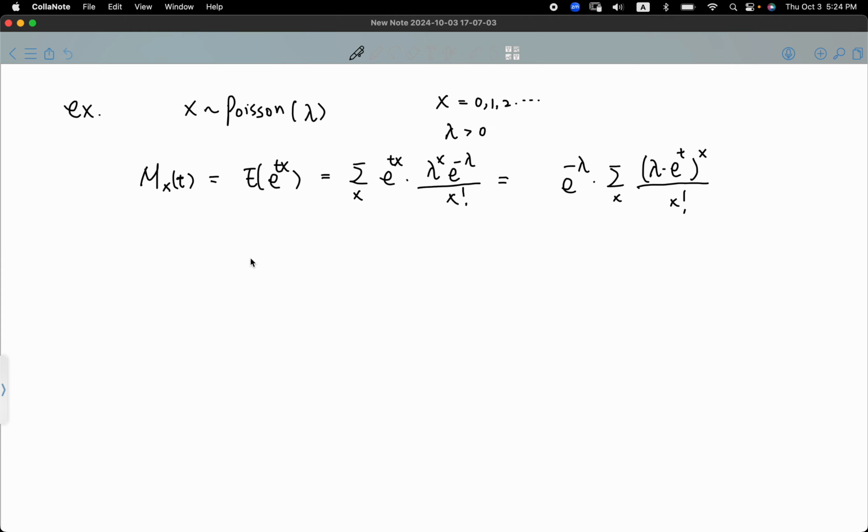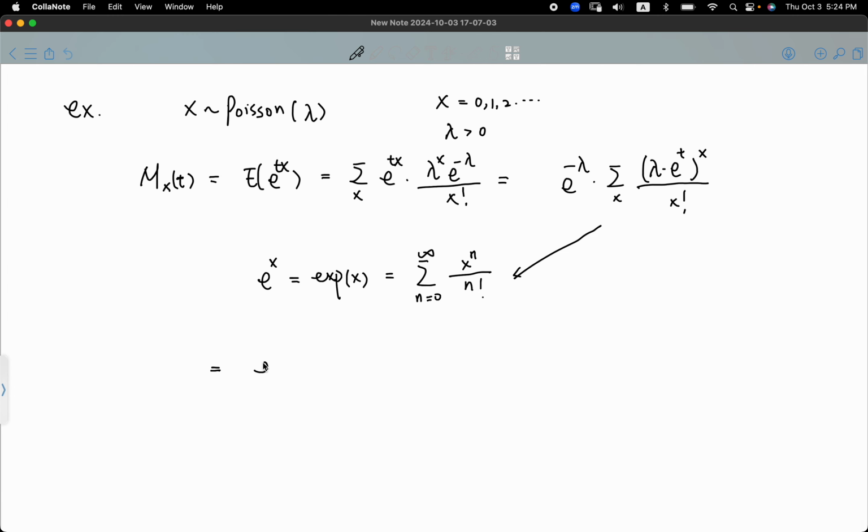What we saw is that exp of x can be written as an infinite summation, let's use index n, from 0 to infinity, of x raised to the power of n over n factorial. So what we can do is mimic this expression and rewrite this part also as an exponential term.